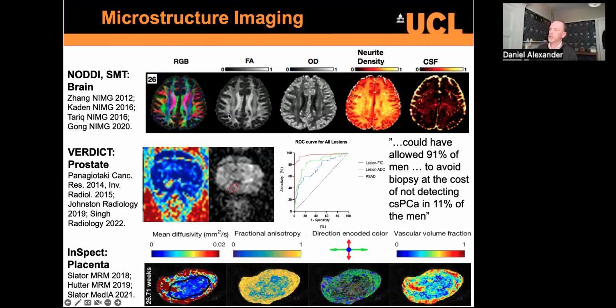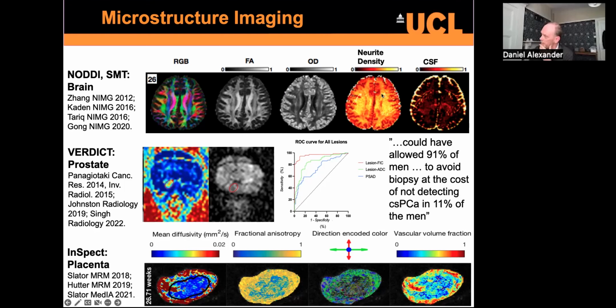There we go. Okay. But yeah, so microstructure imaging is a quantitative MRI technique, often using diffusion imaging, but not limited to that. The aim is to produce quantitative maps of tissue parameters, things like these maps here in the first row. These are features of brain cells.